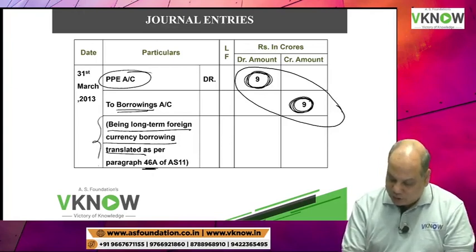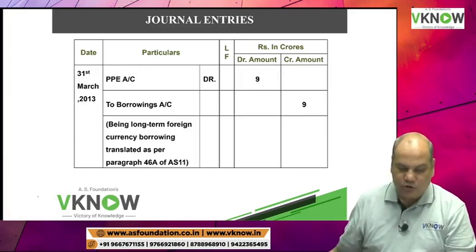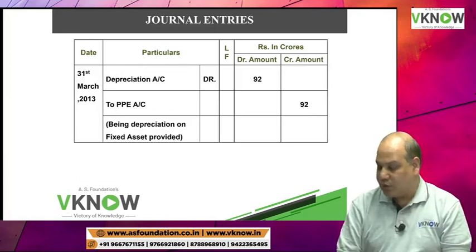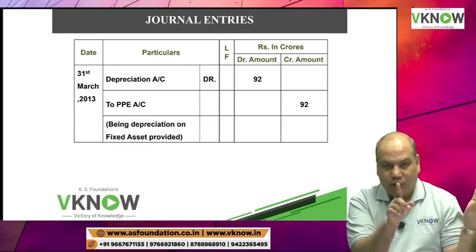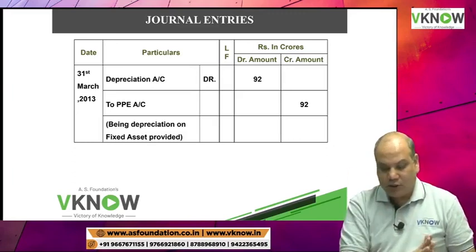Next time I will not dictate the narration. You will write the narration yourself. Okay, please come to the depreciation entry. Keep the table in front of you. Two entries we have done. Now the depreciation entry is simple.